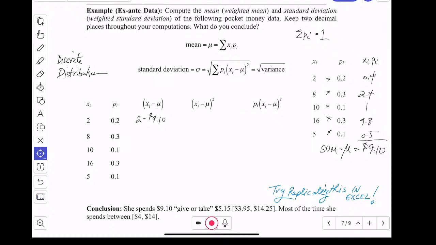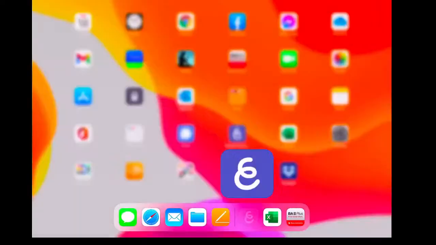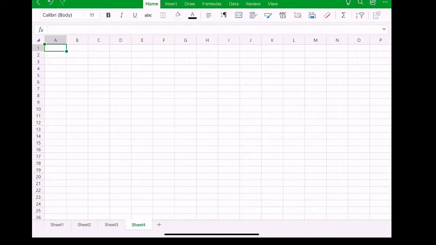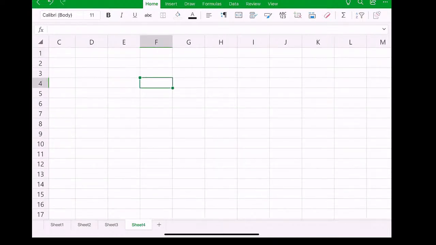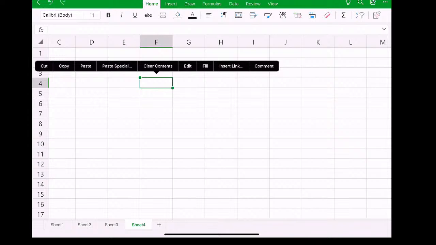So what I'm going to do is take this data over with me. And I have to flip this.